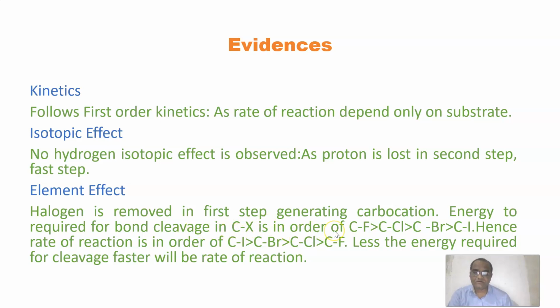We can see the order now: fluorine requires more energy than chlorine, than bromine, and then iodine, right? Fluorine requires more energy, chlorine requires less, bromine requires less, and very little energy is required for iodine, right?